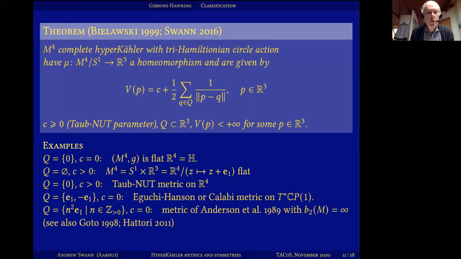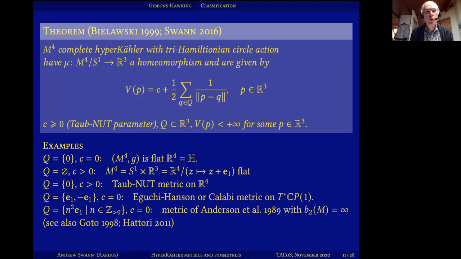We may as well take it to be the origin, we can translate things without changing the metric. And this overall constant C to be 0. So the circle action on R4, if you think of it as C2, where you act diagonally by e to the i theta, e to the minus i theta, has a single fixed point at the origin and preserves the hyperkähler metric.